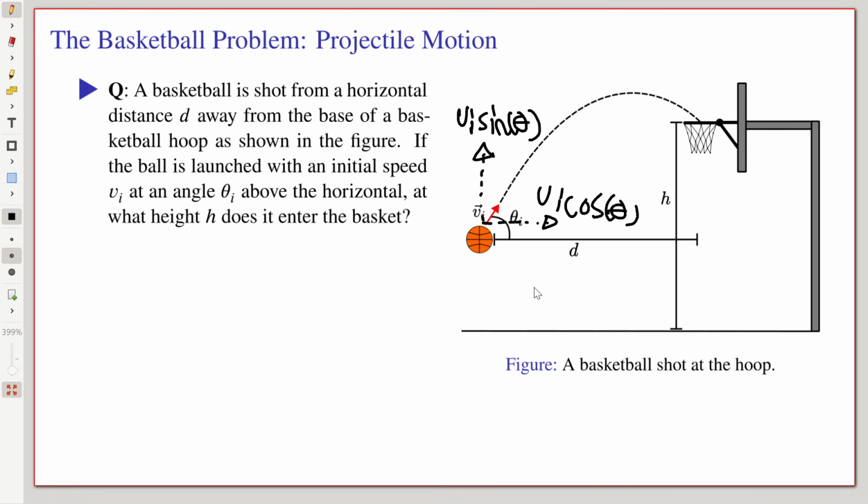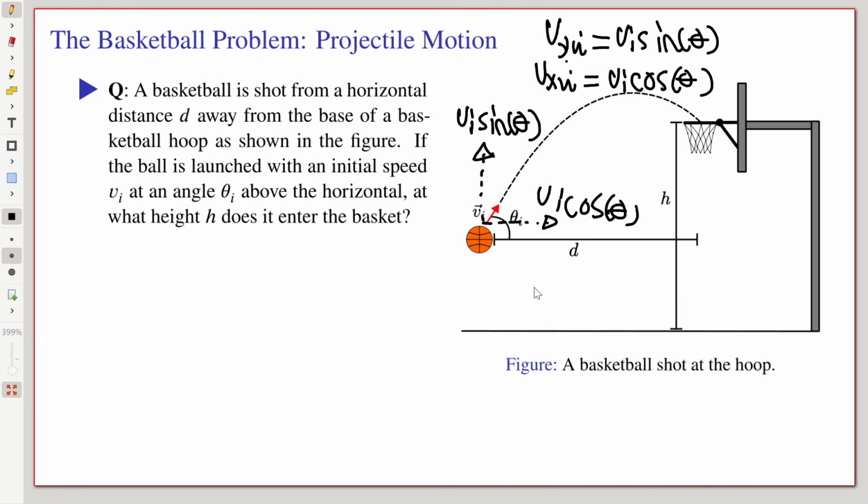In other words, we have vyi and vxi. vyi stands for the initial vertical speed and vxi stands for the initial horizontal speed. So vyi is basically vi sine theta, while vxi is basically vi cosine theta.